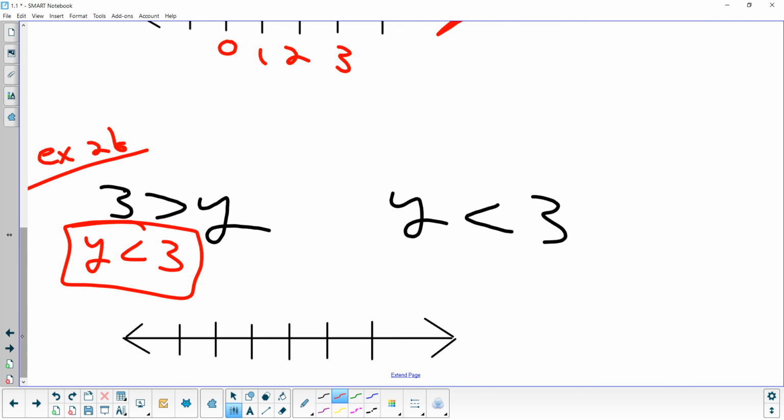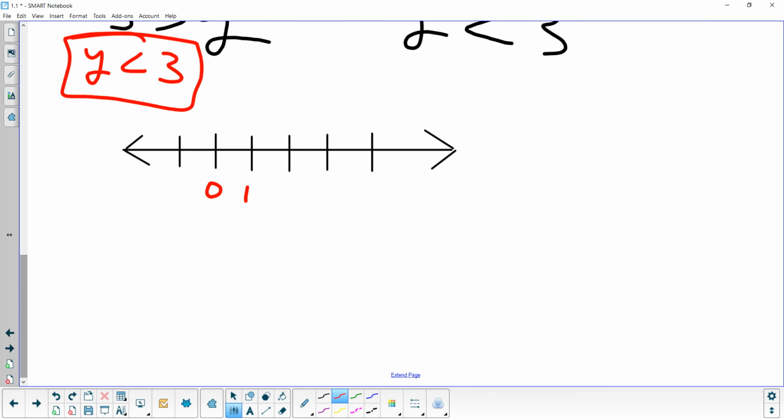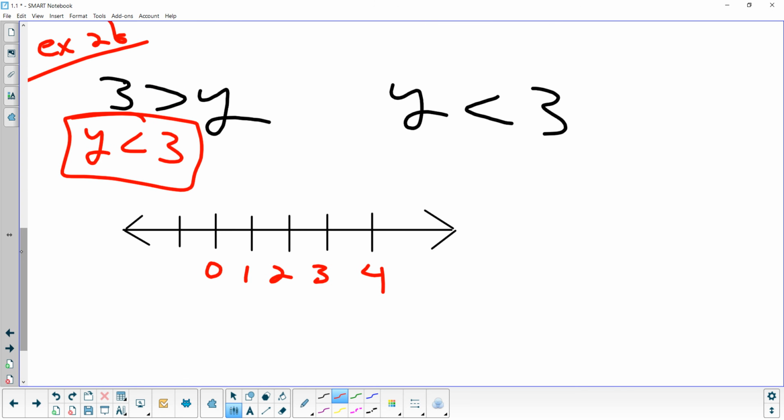There's lots of ways you can number your number line. I just put 0, 1, 2, 3, 4. However you want to number it is fine. Just make sure it goes up to the right and goes down towards the left. How about Zach? What kind of circle on this one? Open circle. Yep, open.